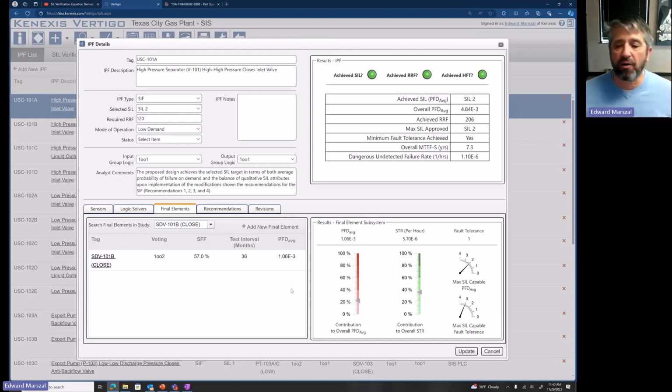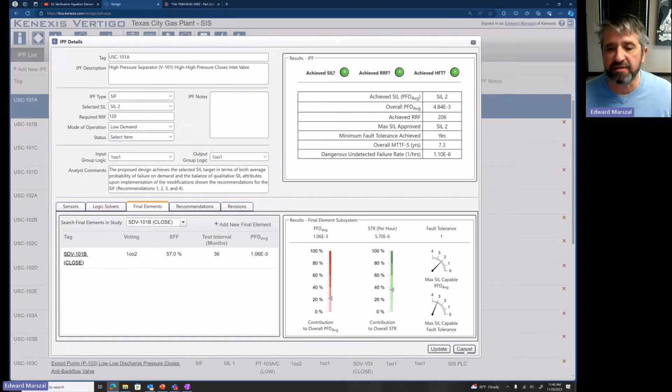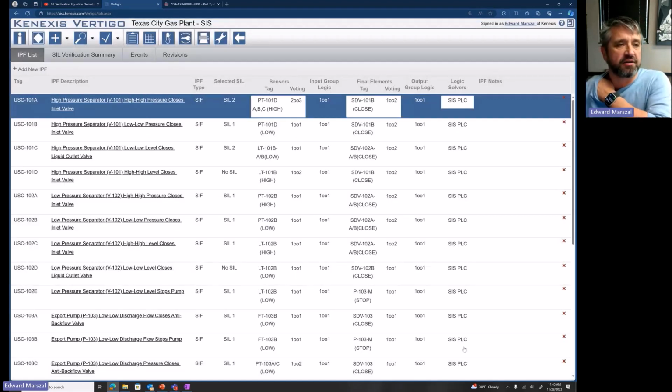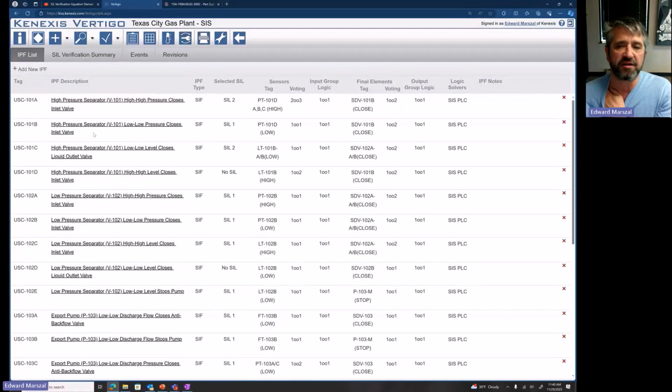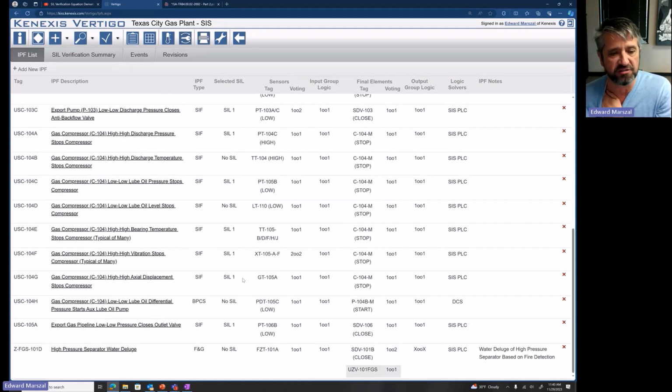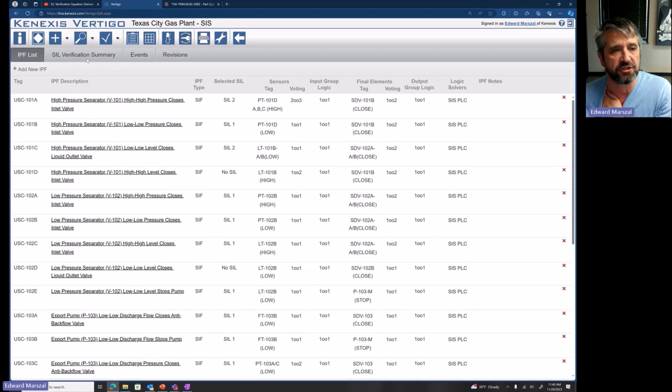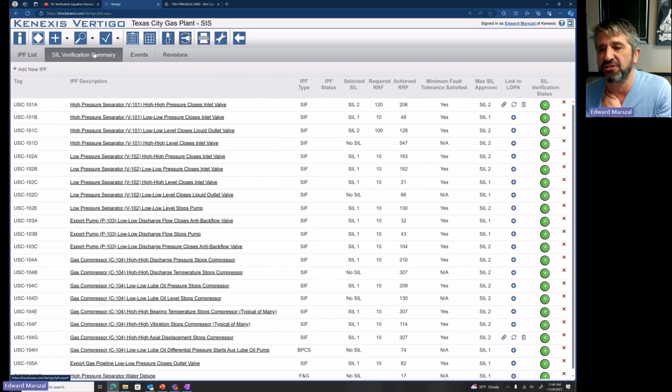So how does that happen? Let me back up a little bit. I've been in the details of the SIL verification calculation, but let me go back to the IPF list and hope I have the synchronization correct, which I might not. This is a list of all the safety instrumented functions, and under the SIL verification summary you see this item called link to LOPA.